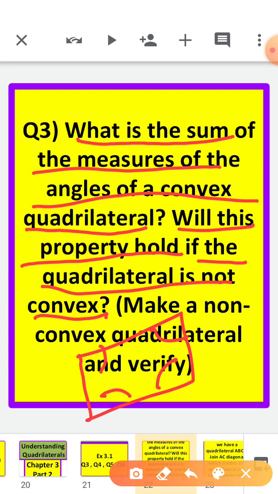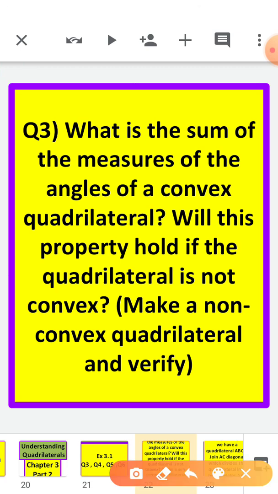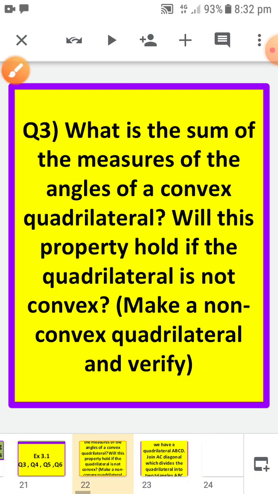Convex means angles will be less than 180. After you get the sum of angles of a convex quadrilateral, you have to verify whether the same holds in a non-convex quadrilateral. So let's find out.